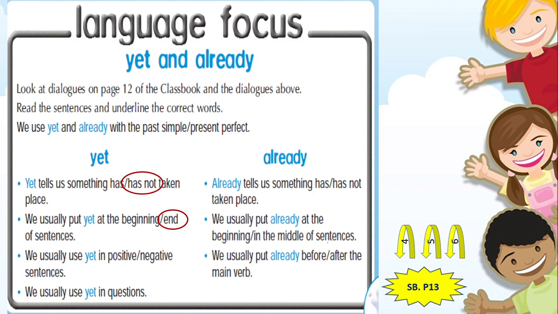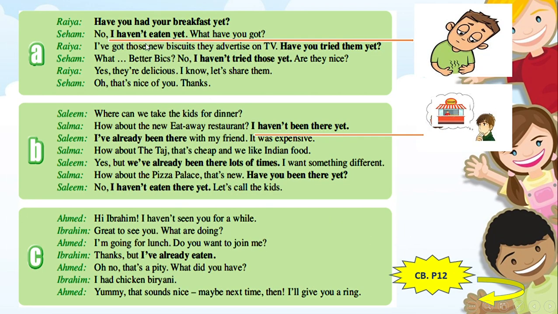We usually use yet in positive or in negative sentences, students. Let us go back to the dialogues. I haven't eaten yet. Haven't is negative. I haven't been there yet. It is also negative. Again, it is negative, students.